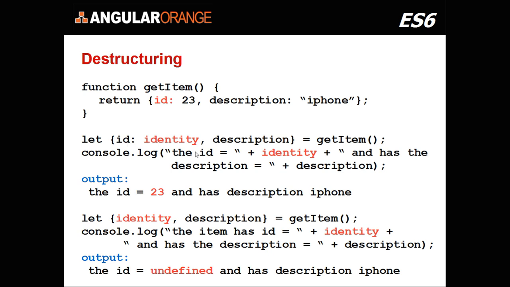So when you log the ID is equal to identity and has the description, these values will be well defined. It'll basically output the ID is 23 and has description iPhone. But if you don't do that, identity will be undefined. You'll get an output which is undefined.